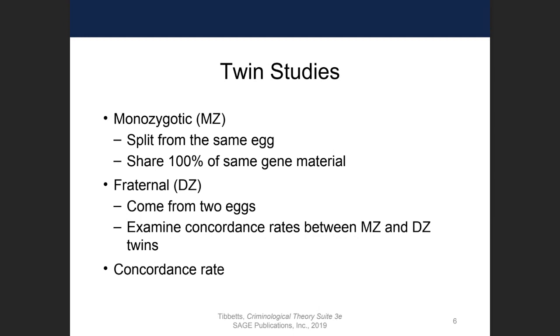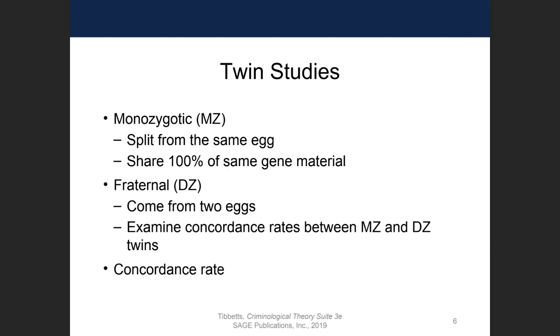The second type of study outside of the family studies that have been conducted were what are called twin studies. There are two types of twins, monozygotic twins and fraternal twins, who are dizygotic twins. Monozygotic twins are essentially what we call identical twins. Identical twins occur when we have an egg.